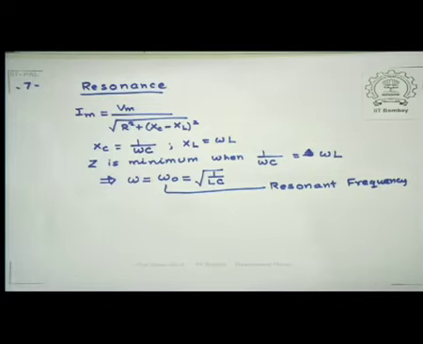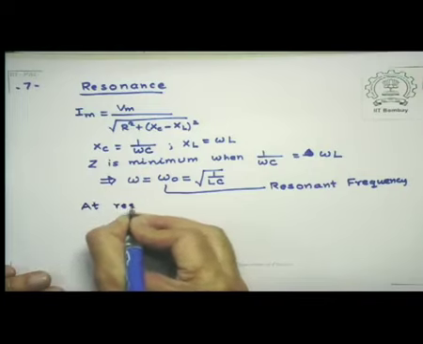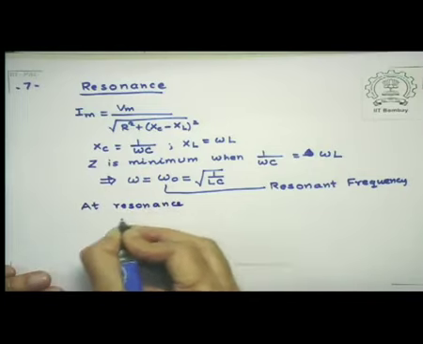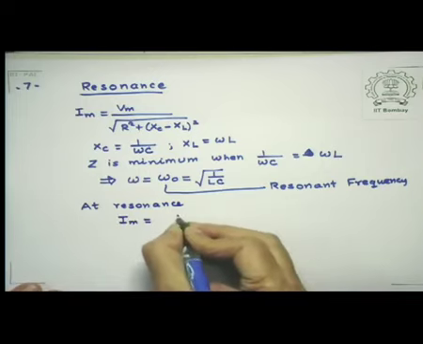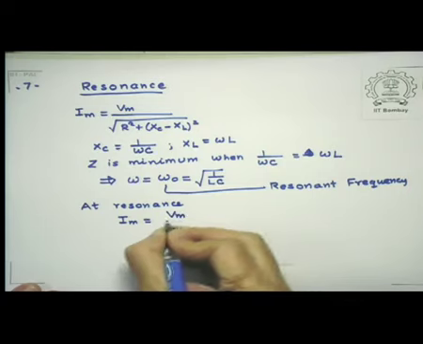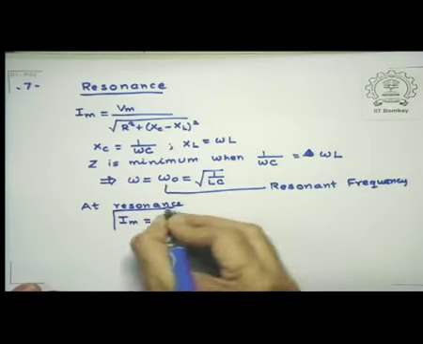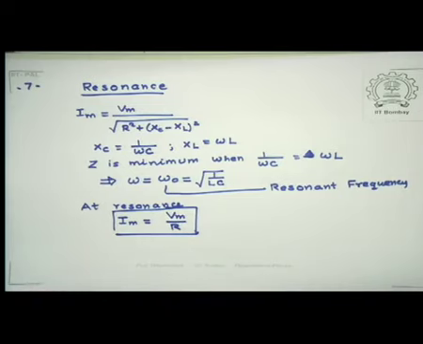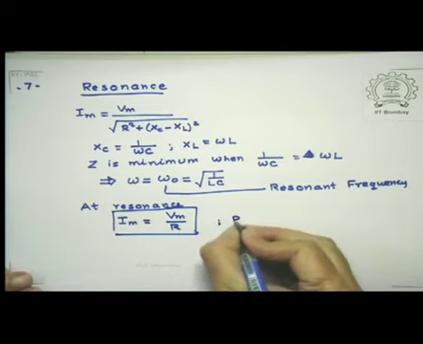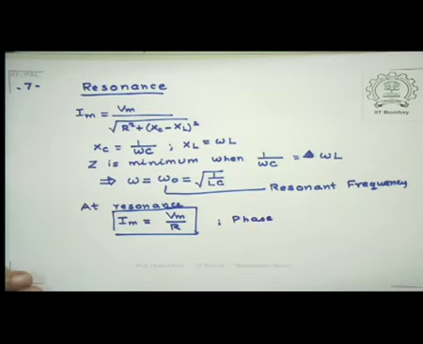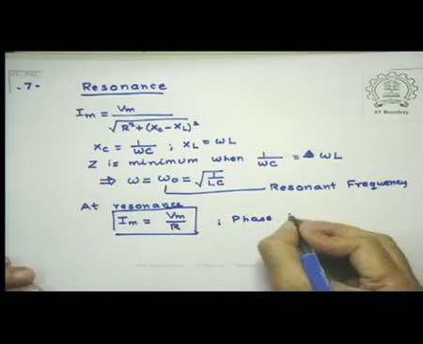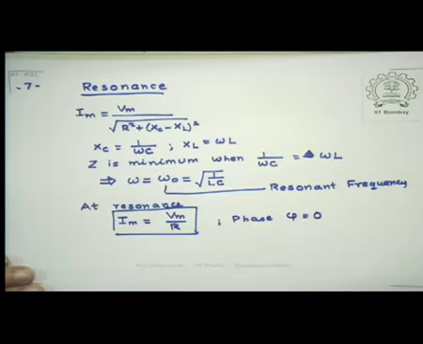It is entirely decided by the values of L and C. And at resonance, my current becomes maximum and its value becomes Vm divided by R. And the phase, remember we said that tan phi is Xc minus Xl divided by R, phase phi becomes equal to 0. Phase phi becoming equal to 0 means that the current is in phase with the supply.